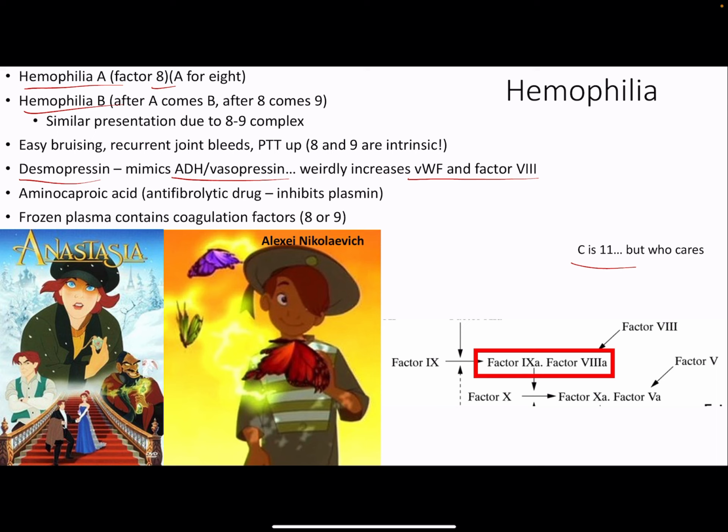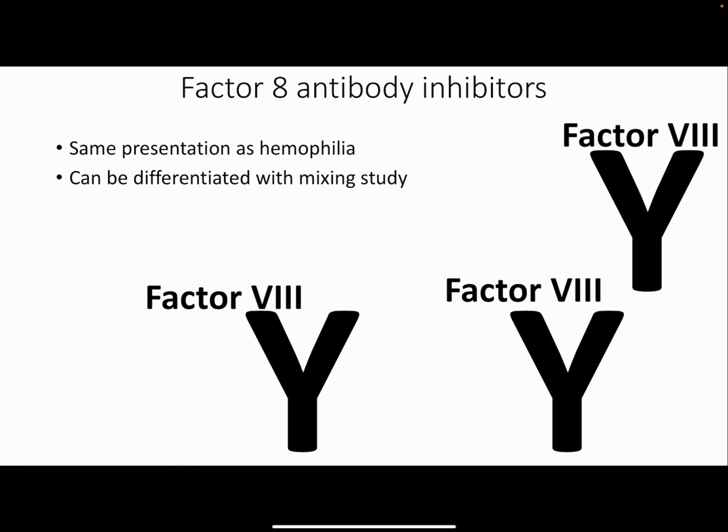So this is going to help compensate for the lack of intrinsic pathway. We can also go ahead and just plug in frozen plasma containing factors. Frozen plasma has lots of coagulation factors, not just 8 and 9, but this would help for both hemophilia A and hemophilia B.